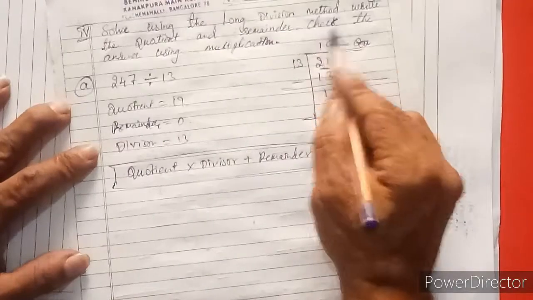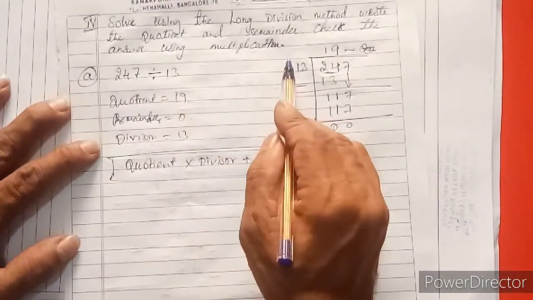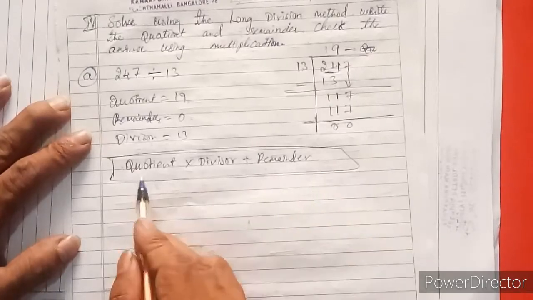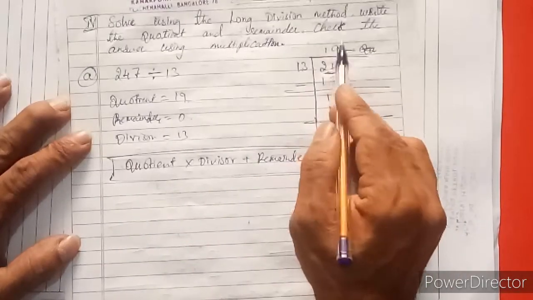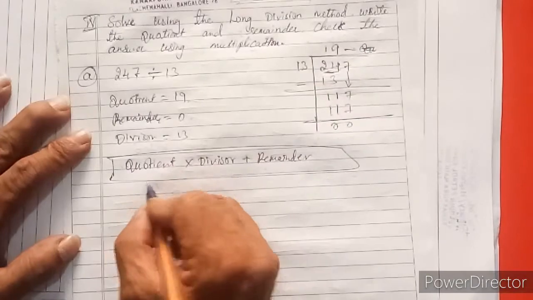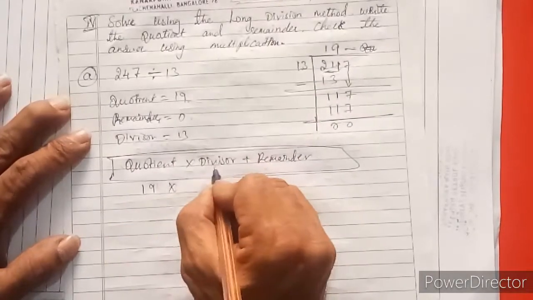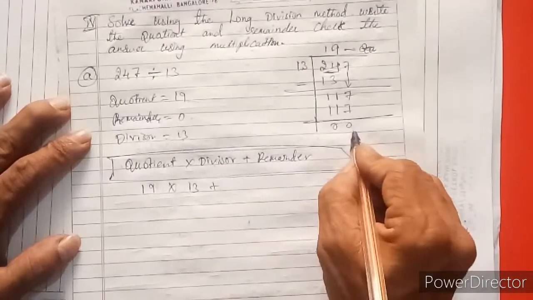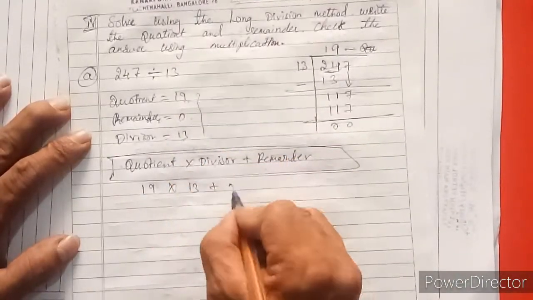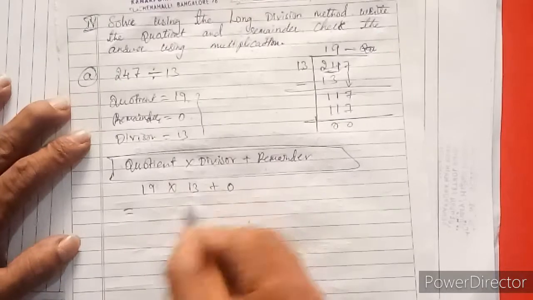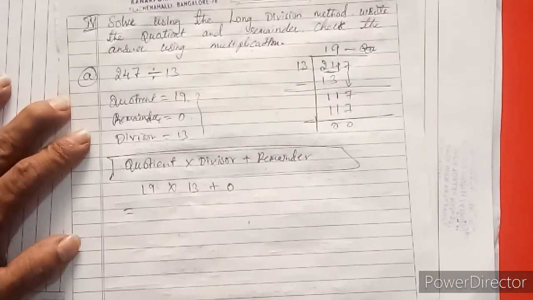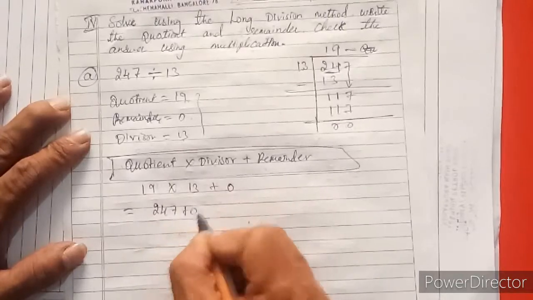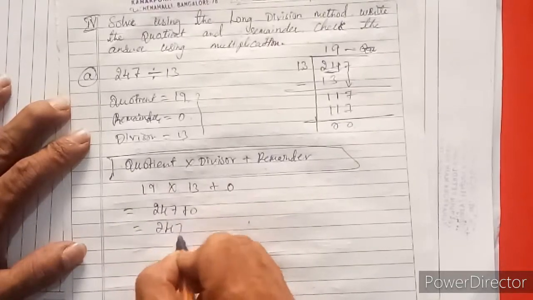We check the answer using multiplication, as given. What is the quotient? The quotient is 19. The divisor is 13, and the remainder we got is 0. So 19 into 13 we multiply, that is 247, plus 0, which gives 247.